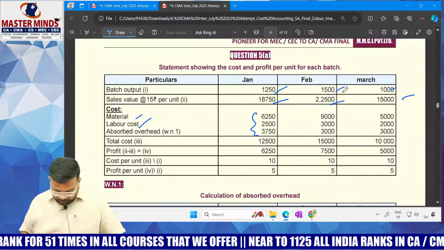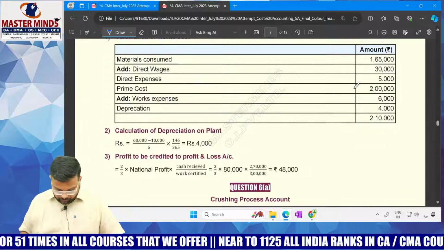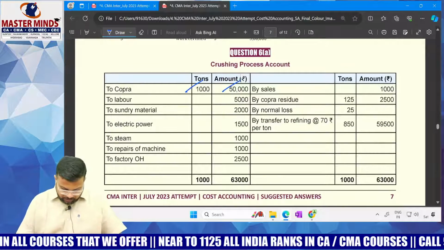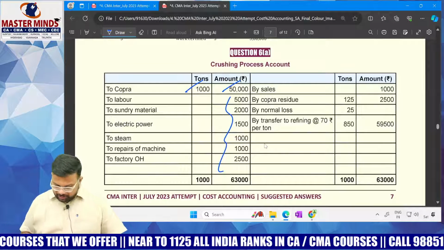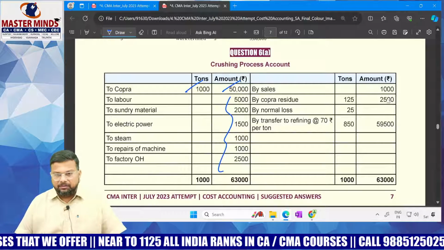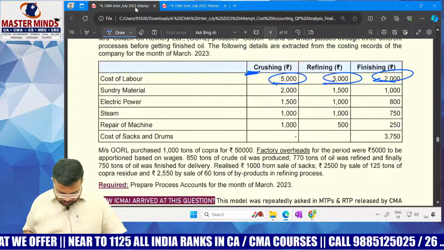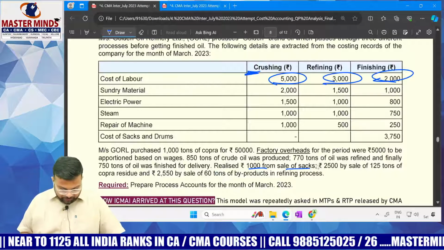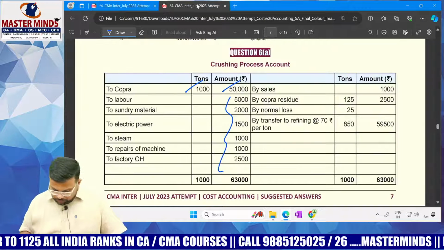So how to do the problem? Right. So crushing, copra, you will enter, you will post all these things. Okay, right. Sales. What is the sales here? 1,000 rupees. How did you get that 1,000 rupees? Now realized 1,000 rupees on sale of sacks. So that you will post here.